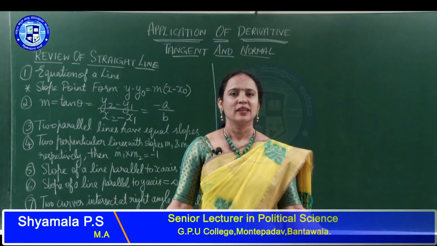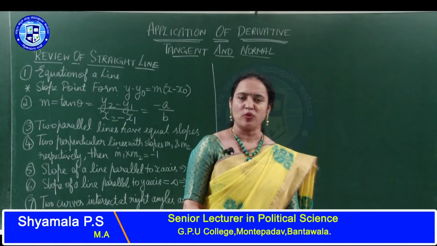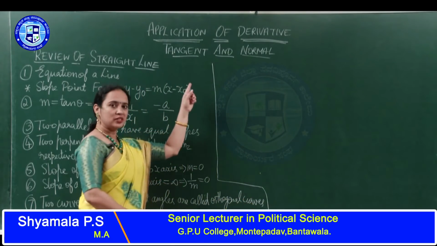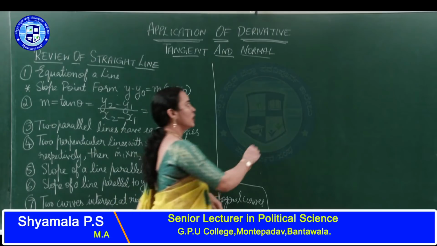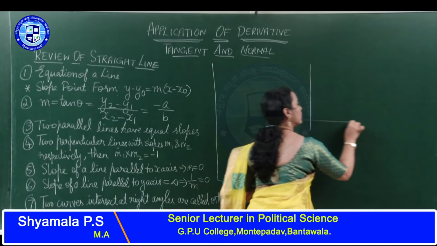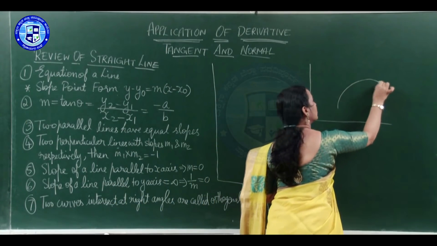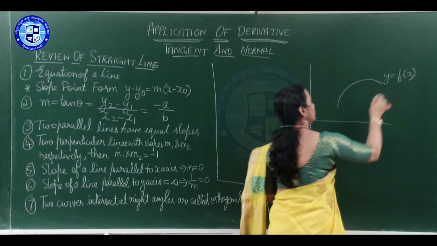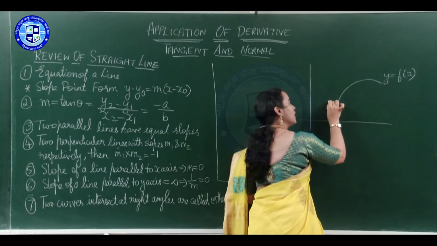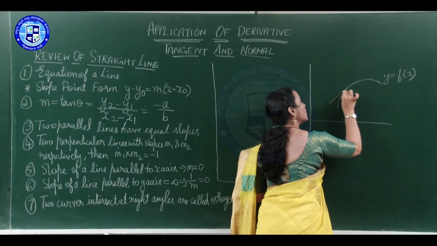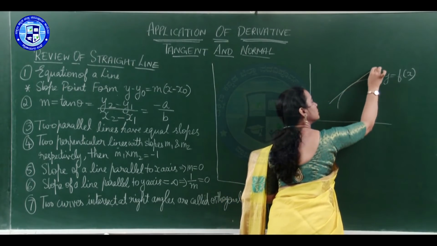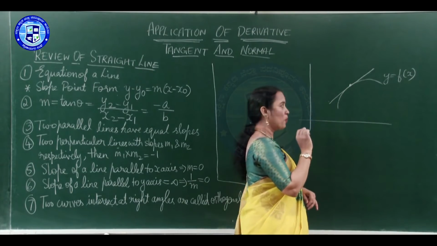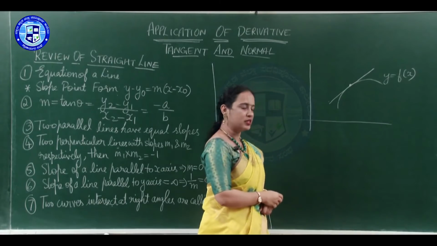Hello students, let us move on to the next part of application of derivatives, tangent and normal. If you have a curve, say y is equal to f of x, then a line which touches this curve at one point is called the tangent.